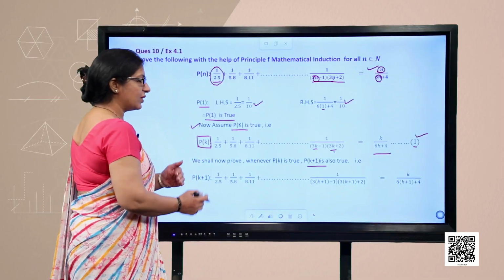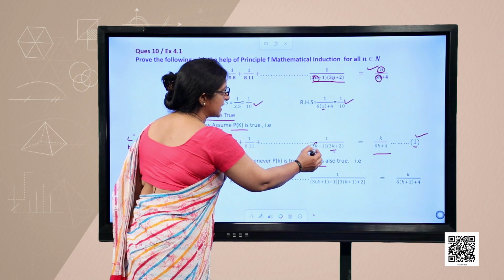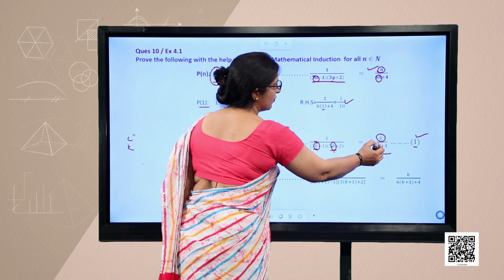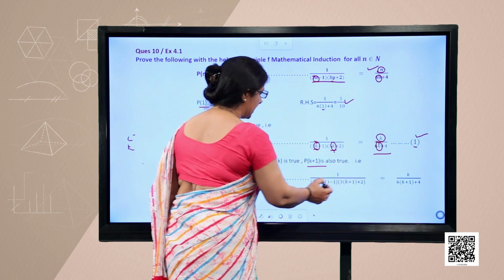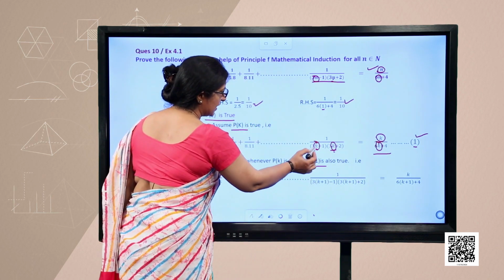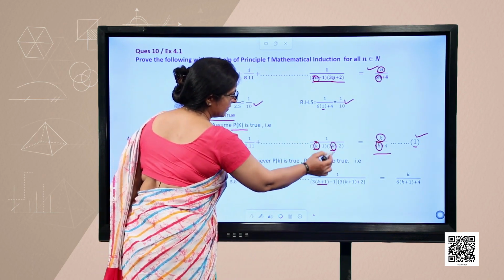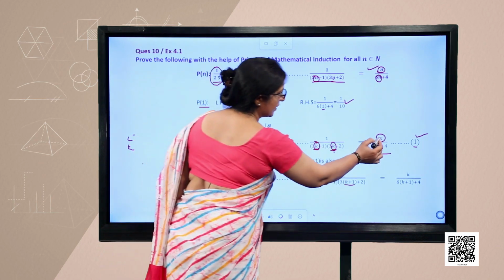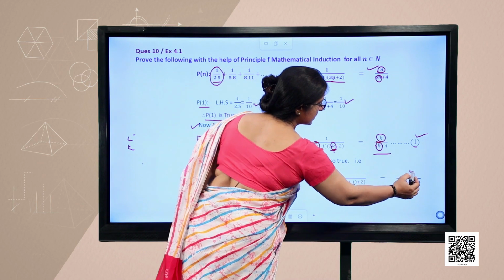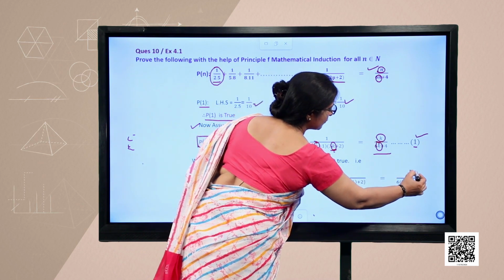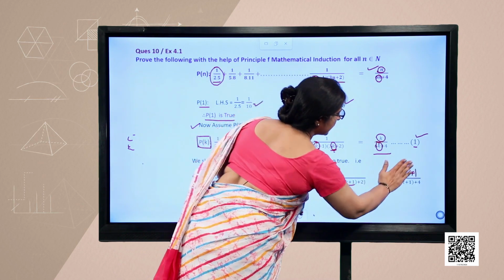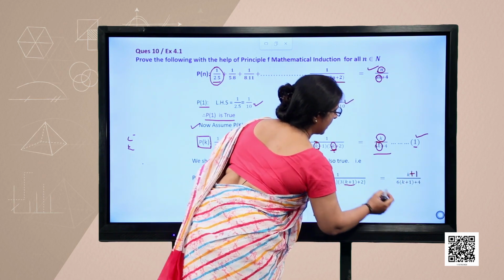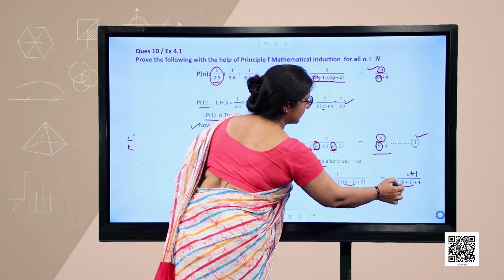For that, we are replacing k by k+1. Wherever there is a k, we will replace this k by k+1. As you can see, here k+1, in the numerator this is also k+1, and here also k+1.